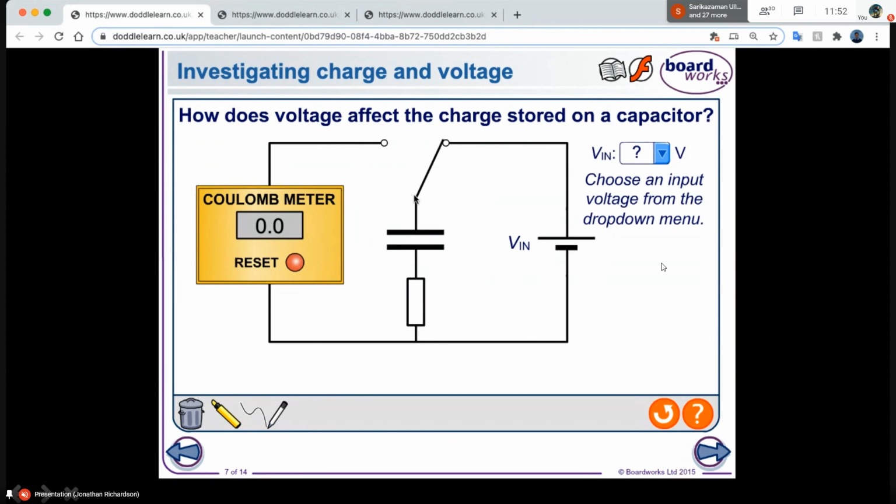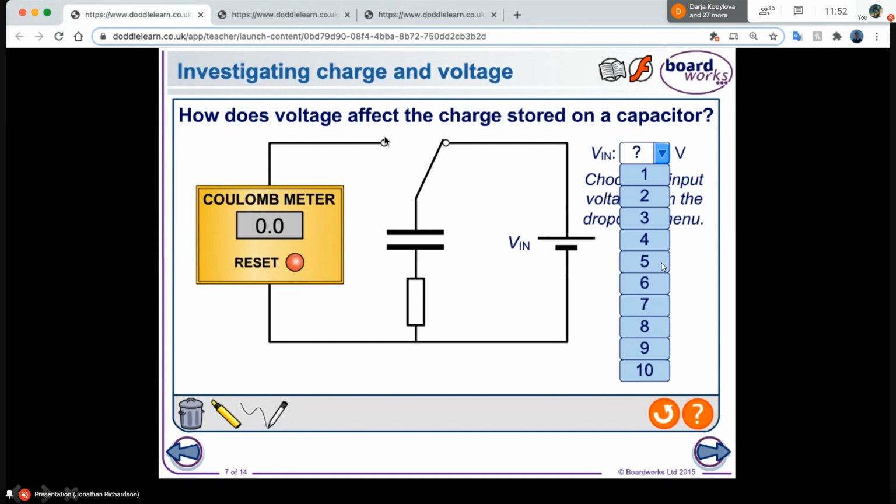If the connector is connected on this side, we can connect to a battery and we can vary the voltage in that battery from 1 to 10 volts. Once we've done that, we can transfer the switch over to this side, and the circuit is again made on this side. So our electrons that we've transferred from here will now transfer onto this circuit.